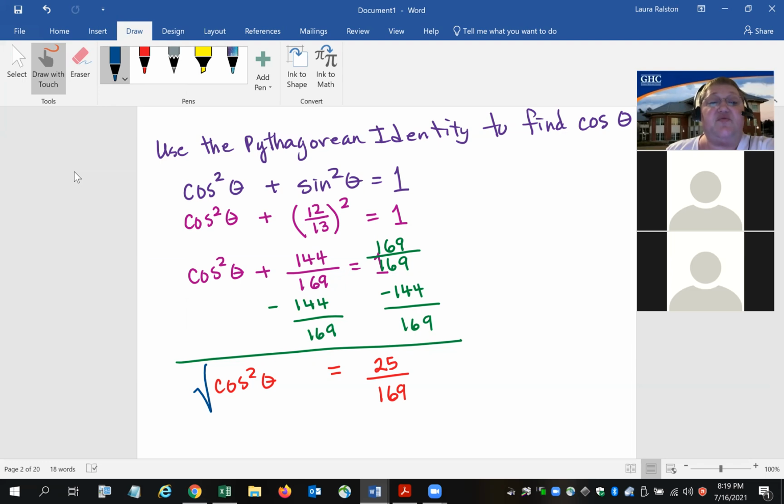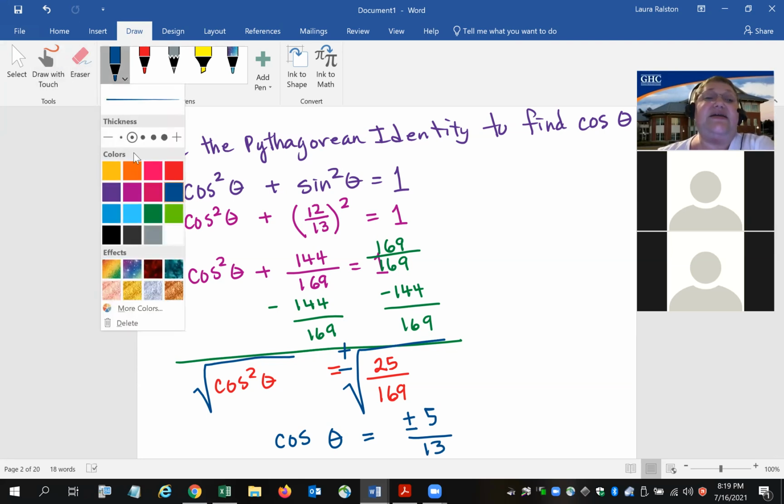So I'm going to take the square root of both sides, and it could be positive or negative. I'll have to decide that in just a minute. So cosine theta is positive or negative, I haven't decided yet. Square root of 25 is 5. Square root of 169 is 13.